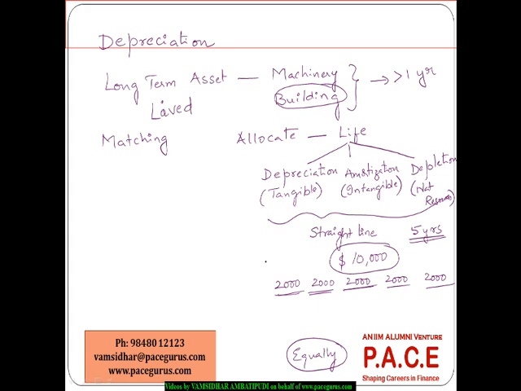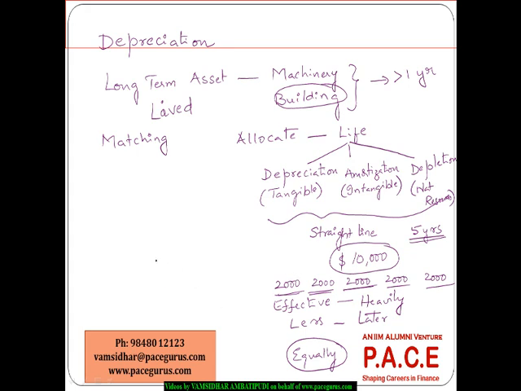But in reality, we observe that the majority of assets are more effective in the initial years. They generate heavily in the initial years and contribute less in the later years. So to match more appropriately, it would be better to do some kind of accelerated depreciation.